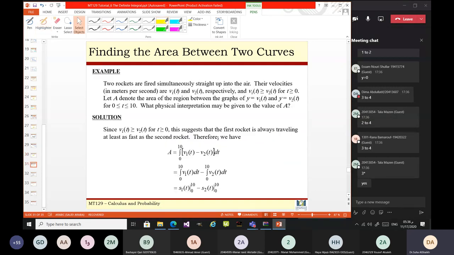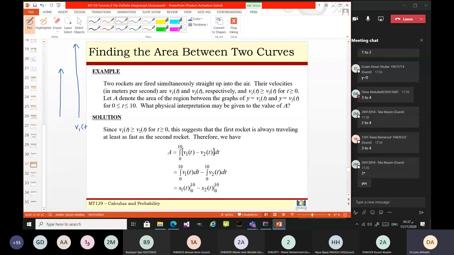Now finding the area between two curves, we're still talking about examples of finding the area between two curves. I have two rockets that are fired simultaneously straight up into the air. Rocket means صاروخ. I'm firing them straight up in the air. Their velocities are v1 and v2, with v1 greater than or equal to v2.